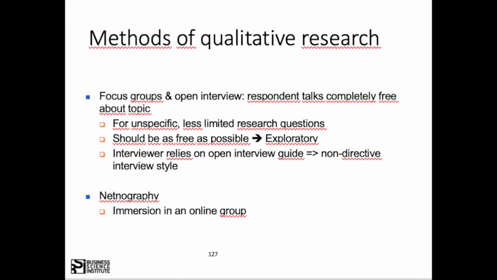A major advantage of online focus groups is that they allow geographically diverse individuals to participate. A disadvantage is a reduced capacity to assess nonverbal behavior. Assessing nonverbal behavior can be helpful to qualitative research.